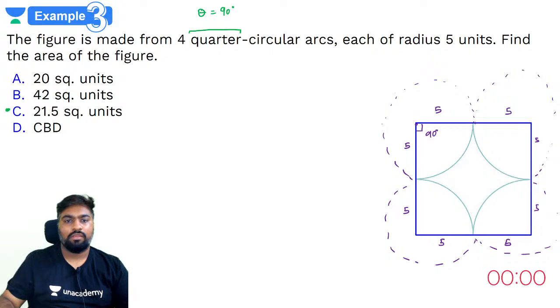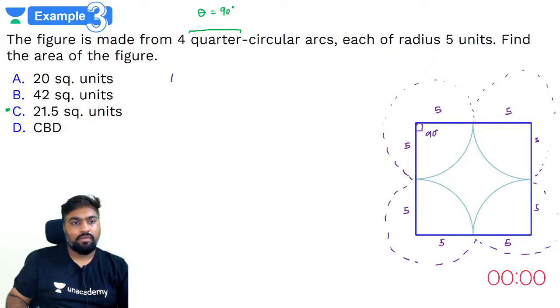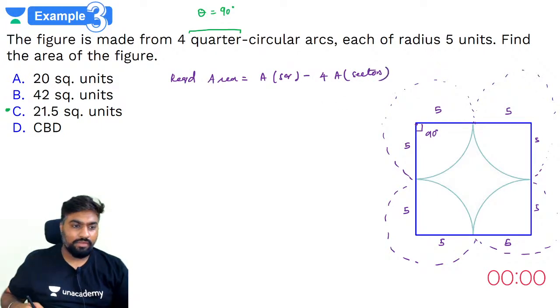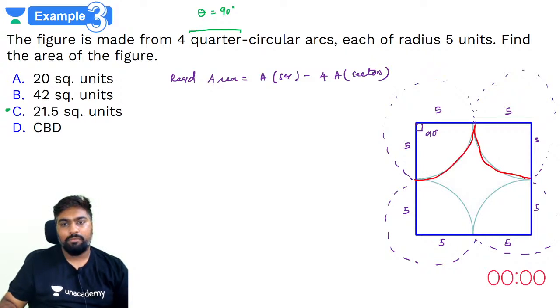Yeah, so required area is basically equal to what? Area of the square minus 4 times area of the quarter sectors. Yeah, but if you look at this, 4 times this part basically makes an entire circle.